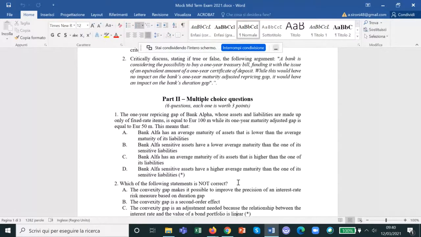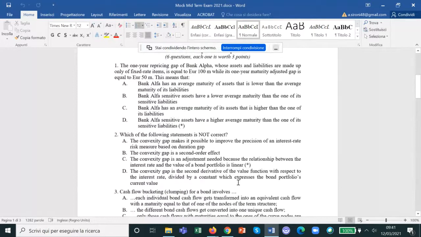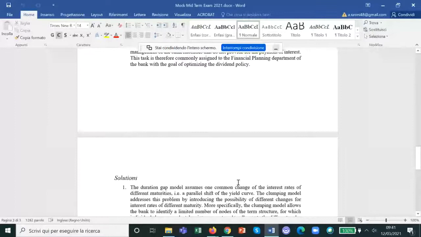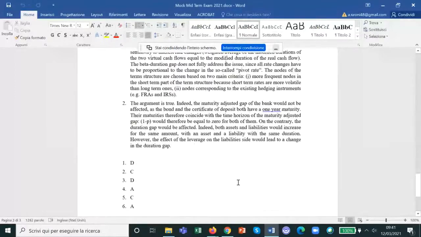The point is that in this question there is no correct answer, because the correct answer is that it cannot be known in advance. We don't have enough elements to know. The other questions are correct, and you have the solutions at the end.